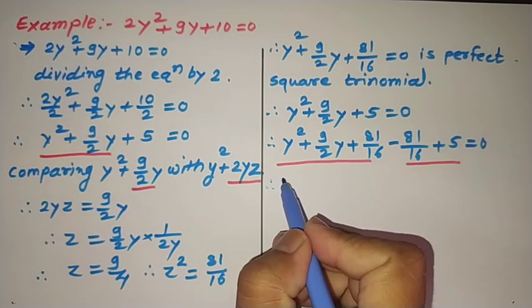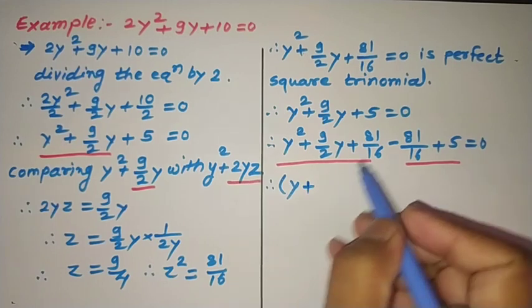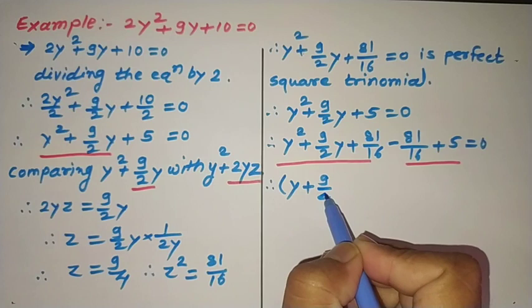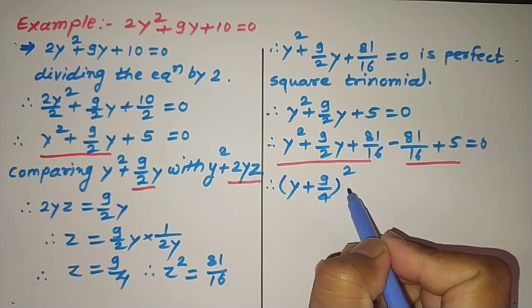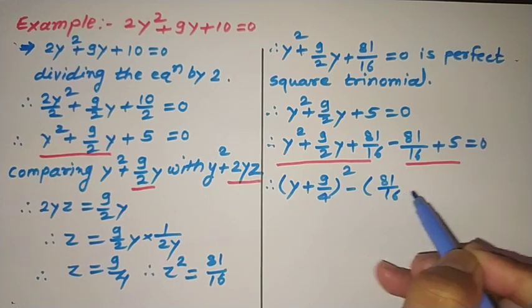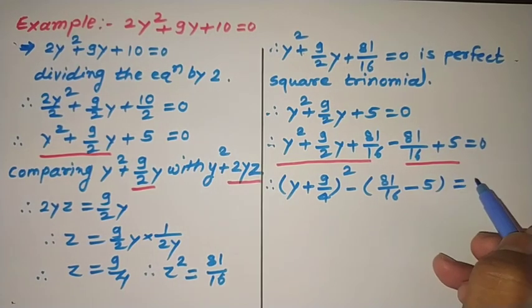Therefore, the square root of the first term, the sign of the middle term, and the square root of the third term: (y plus 9 upon 4) square minus 81 upon 16 minus 5 is equal to 0.